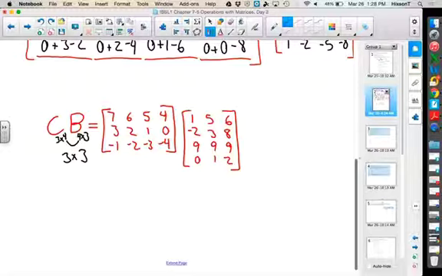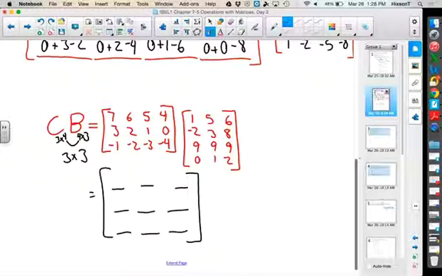So when solving, would we ever use the 4, 0, negative 4 column and the 0, 1, 2 row? Yes. In fact, because it's a 3 by 3, we will still use the first row and the first column, but we're going to have 4 pairs that we've got to multiply and add up.